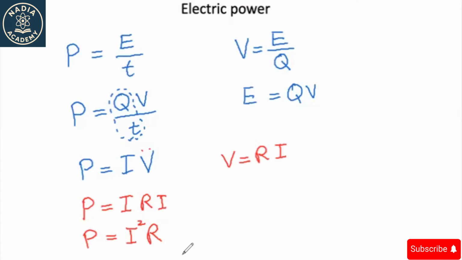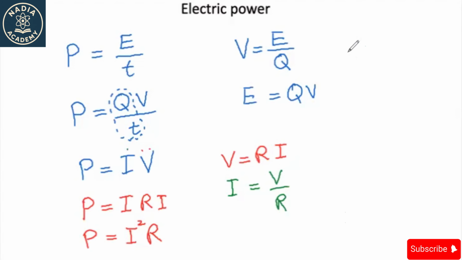Now, if we try to eliminate the current instead of the potential difference, then from Ohm's law the current is equal to potential difference divided by the resistance.